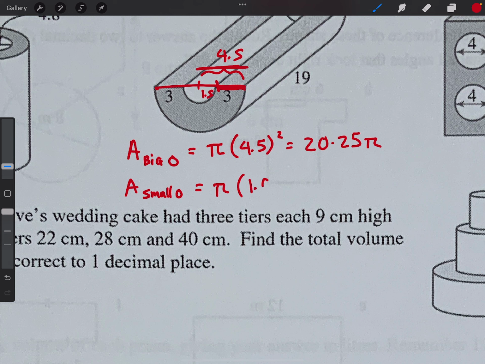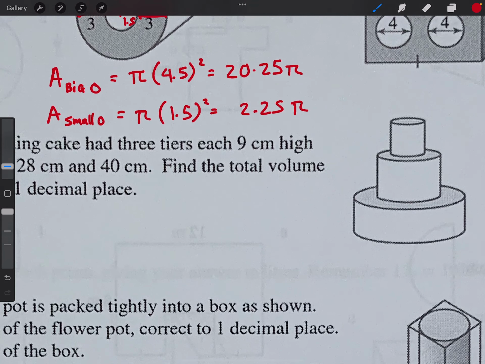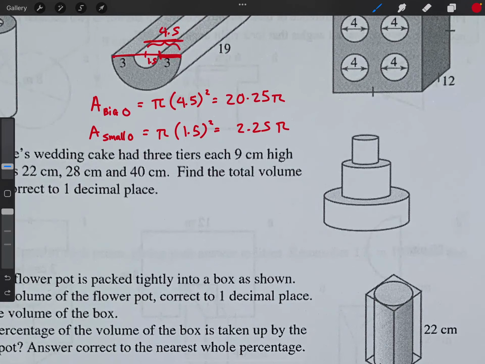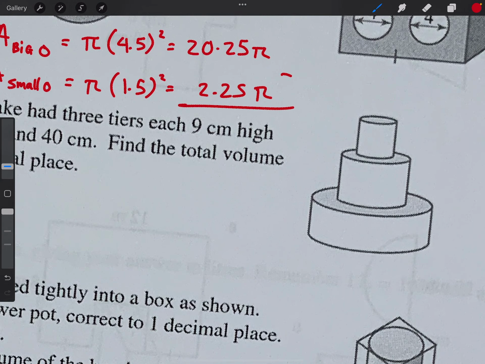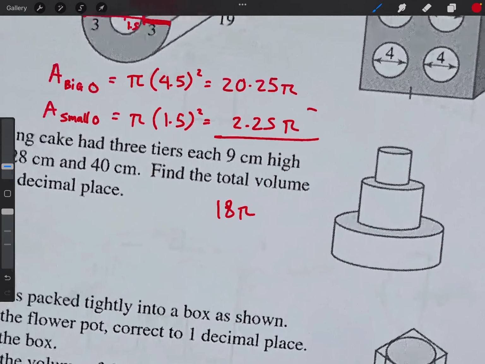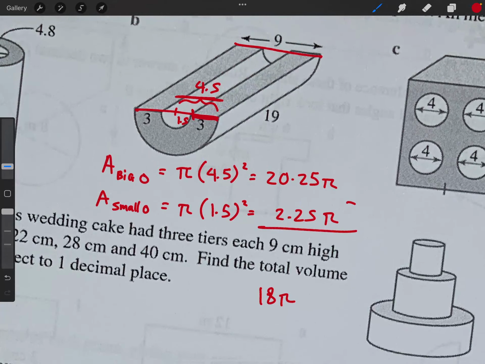So that's 1.5 squared, and that's going to give you 2.25 pi. I left it in exact form, I didn't multiply the pi. So now we just take the area of the big circle minus the small circle. Take away that, you're going to get exactly 18 pi.